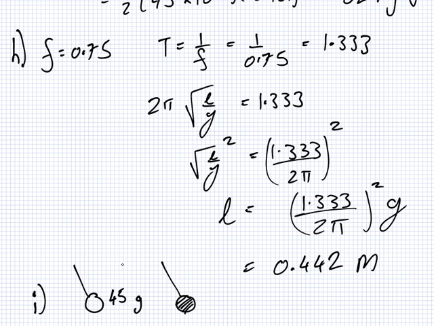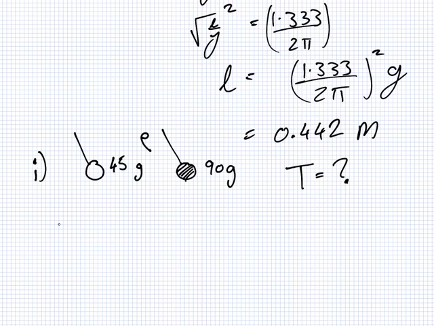The density is bigger. Twice as dense means it's 90 grams. What would happen to T? Nothing changes, because the mass is not important in the formula, so it doesn't change. So the answer is nothing.